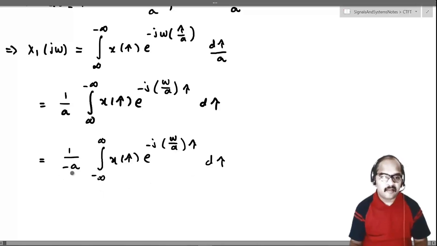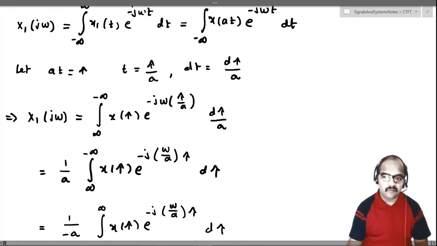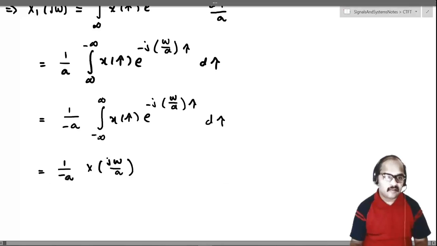Because a is negative, minus a would become positive. So this should be equal to 1 by minus a times what is again x of j omega by a. If a is positive, we get 1 by a, and because a is positive, no problem. Even if a is negative, you will get 1 by minus a, and definitely that is positive.